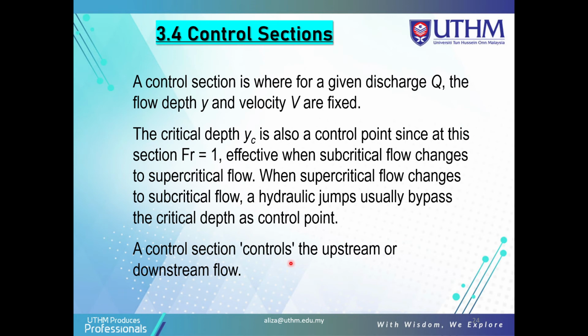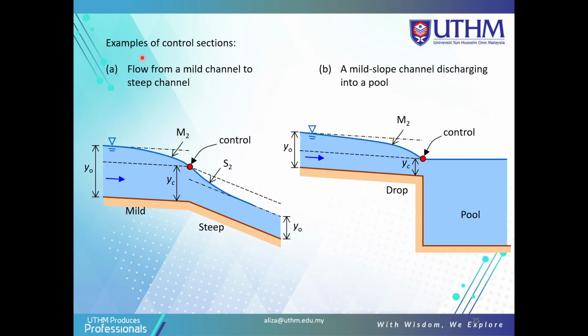If your final or your test asks you to explain briefly on control section, you can explain based on this theory. An example of control section here is flow from a mild channel to a steep channel. This is the mild channel, flowing from this part to the steep channel here.